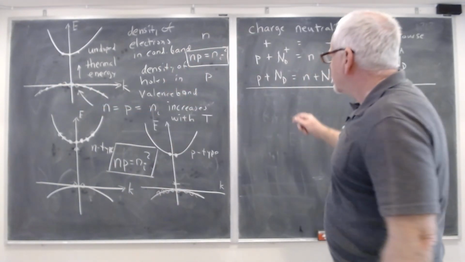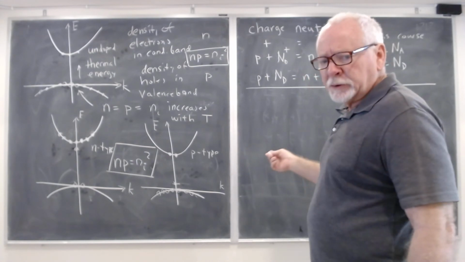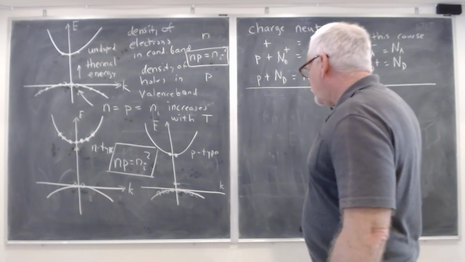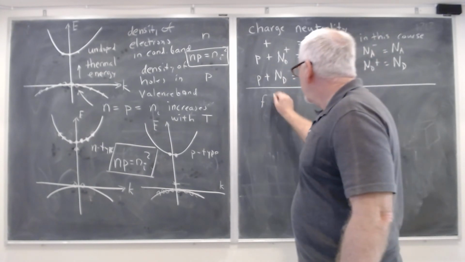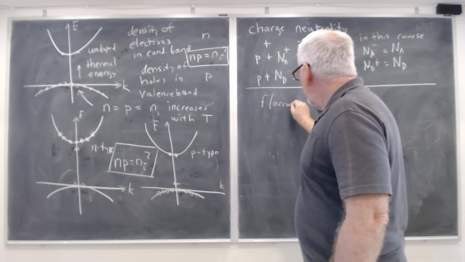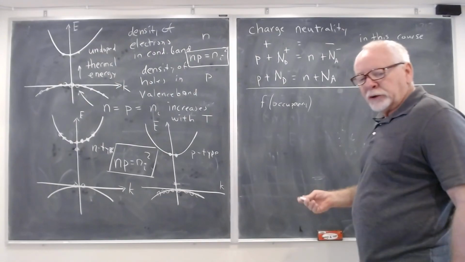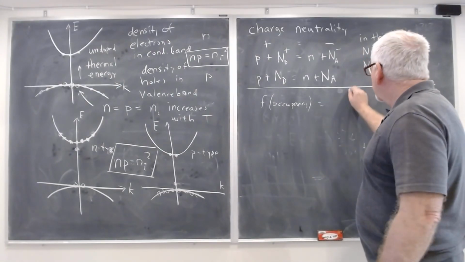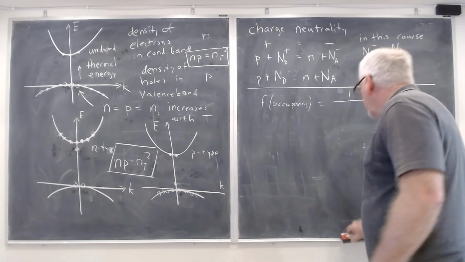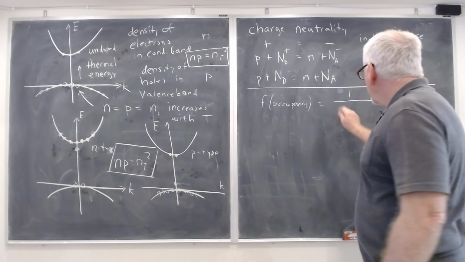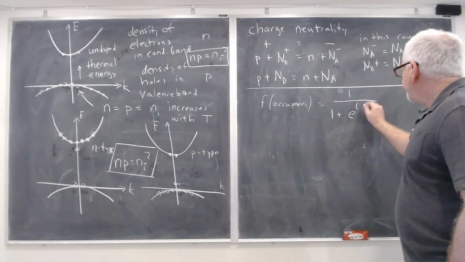It's because the Fermi energy is really defined by the Fermi-Dirac function, which is that the occupancy f of an electronic state is given by 1 over 1 plus e to the power of (E minus E_F) over kT.